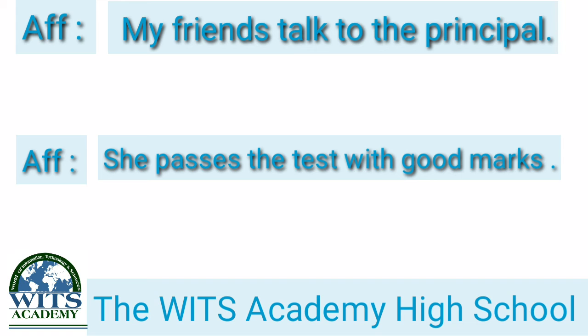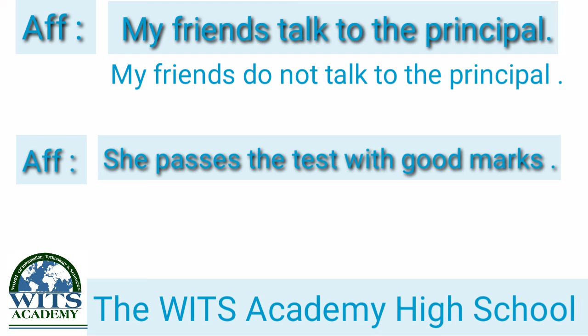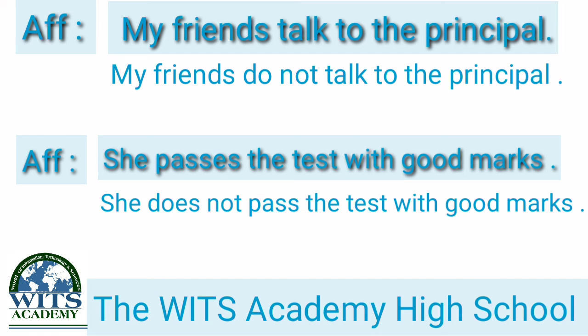Look, the sentence in which the verb has no addition, there we use do not, as in my friends do not talk to the principal. And the sentence in which the verb has addition, there we use does not, and remember that after using does not we remove the addition from the verb, as in she does not pass the test with good marks.